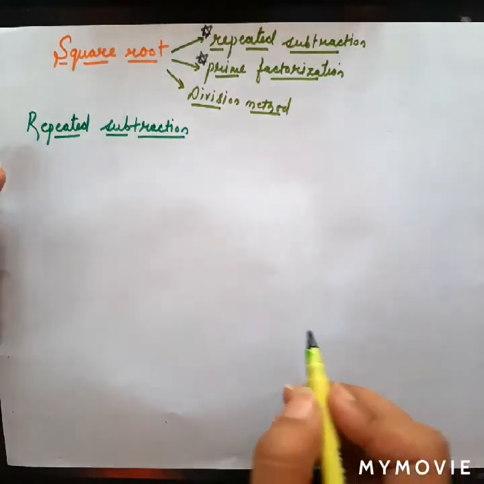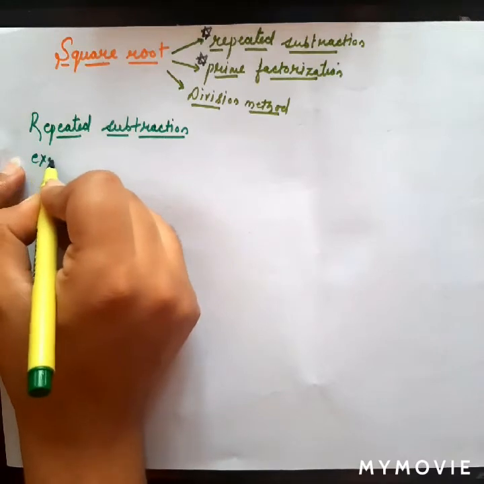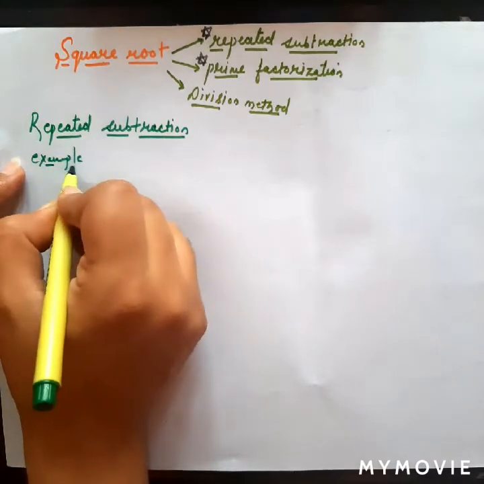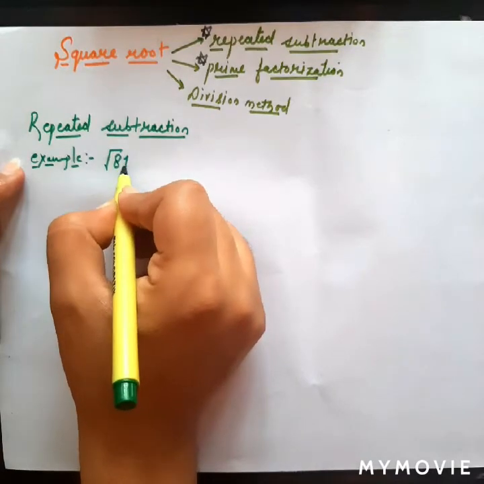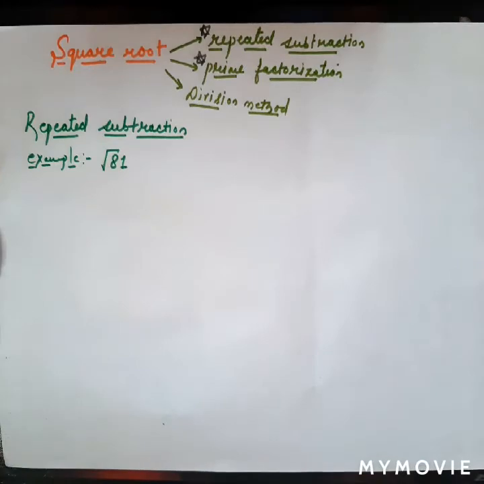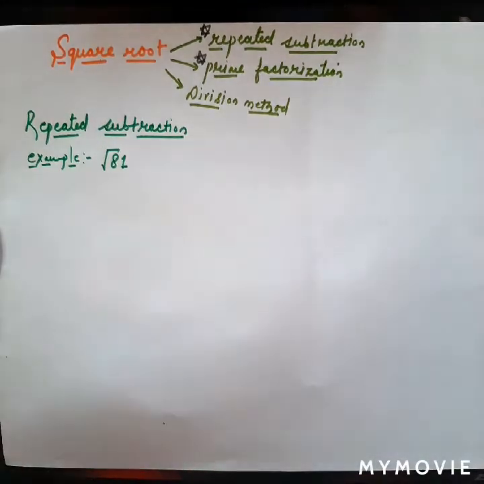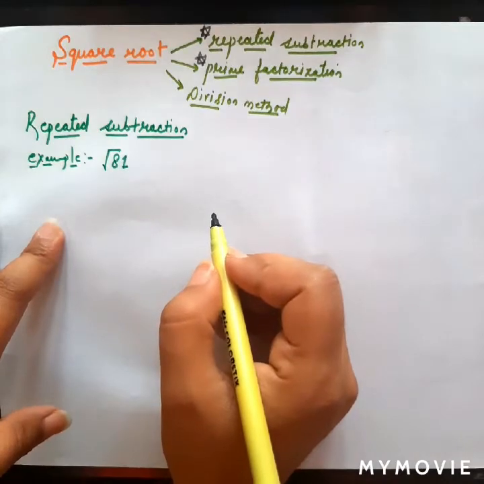Let us take the number 81, and we need to find the square root of 81. In order to tell you how to apply the repeated subtraction method, I just want to tell you a simple trick.